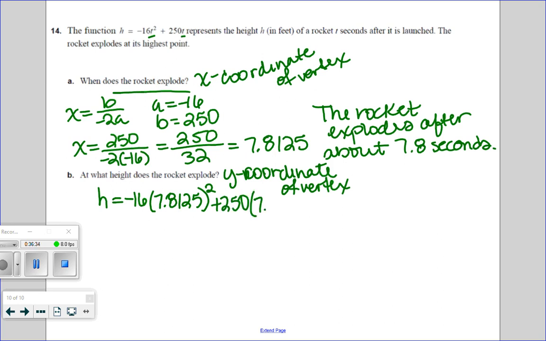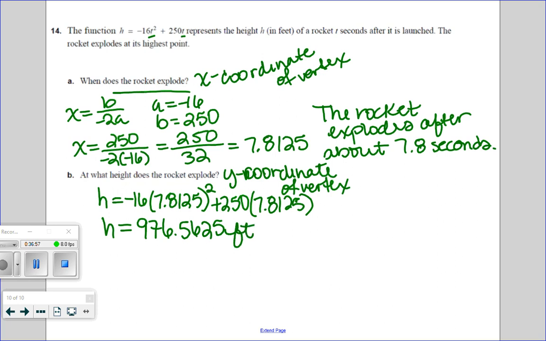I insert that as my input time. I want to know what is the height when we were at this time. And then just crunch that out. Again, you can use your calculator. It turns out that that happens at 976.5625 feet in the air.